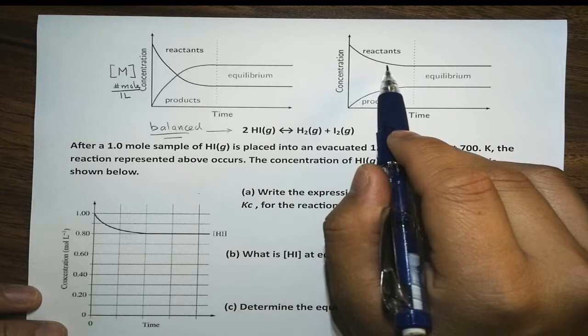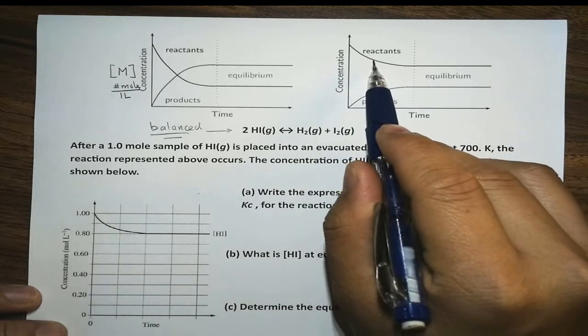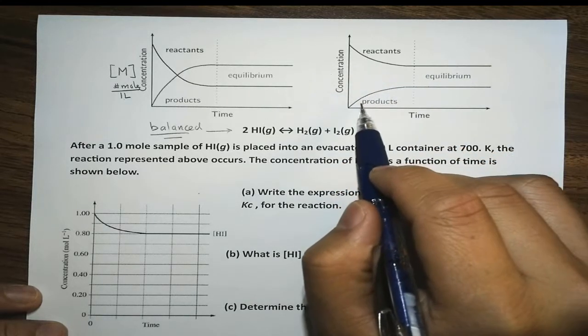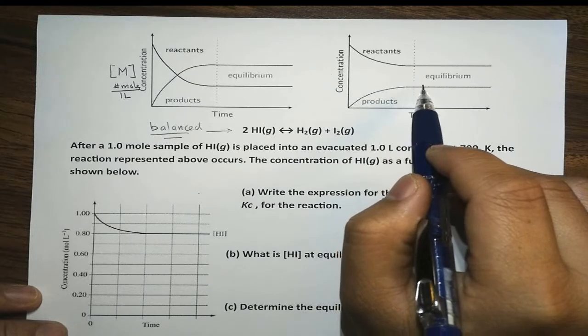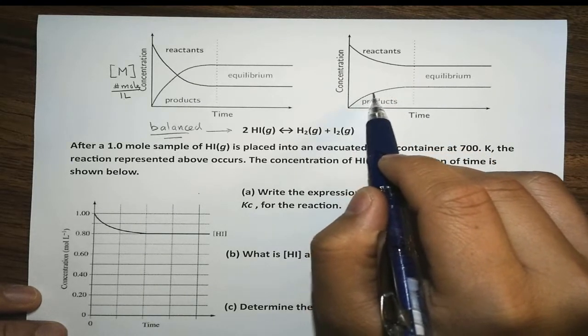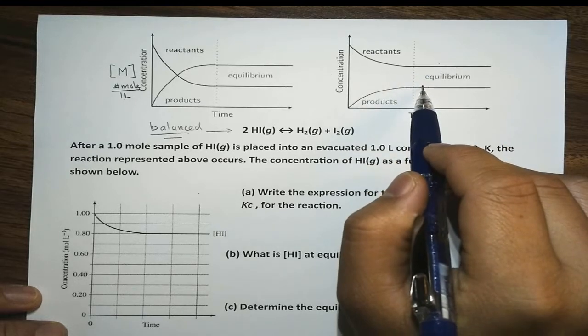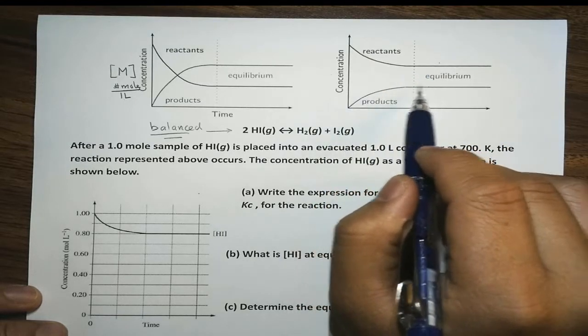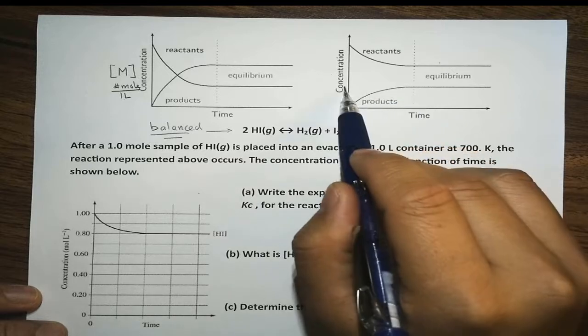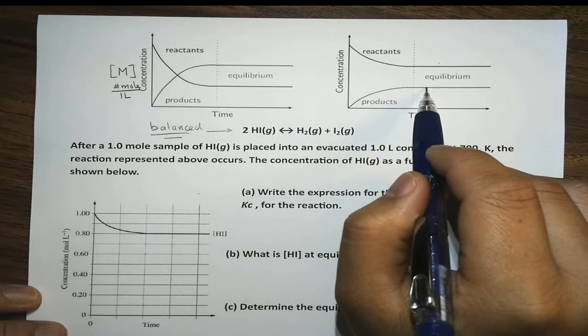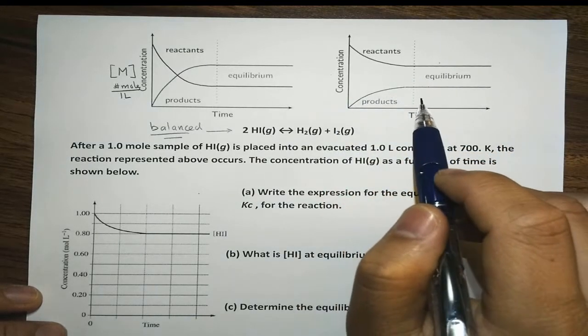Over here we have the same situation where reactant makes product. But in this case, it is making less product than the reactant. So that's the reason why the concentration of product at equilibrium is a lot smaller. So it doesn't matter what graph you have.